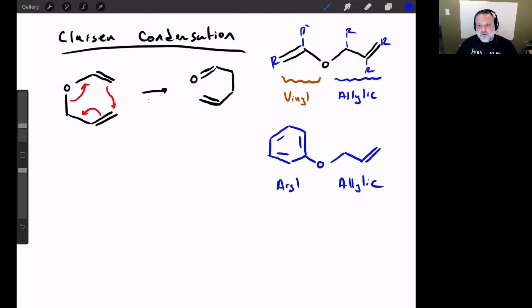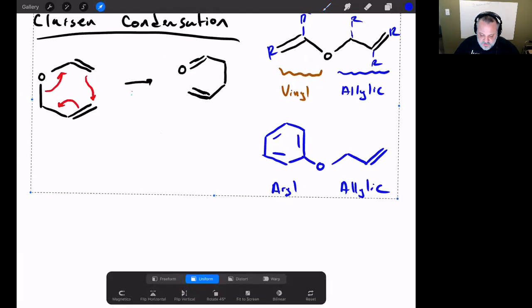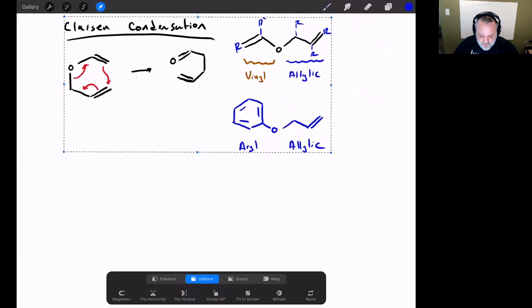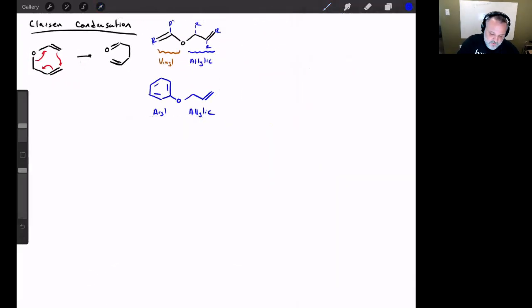And again, there can be some different things that are attached to these molecules. And what's difficult is that when we think about the Claisen condensation, we picture it this way so that we can think about the mechanism. But oftentimes we might be presented with a molecule in that projection.